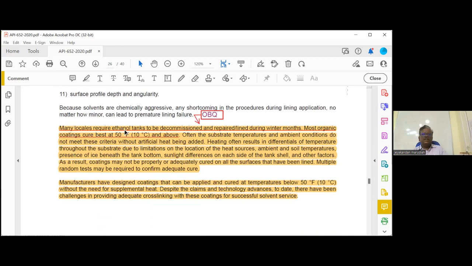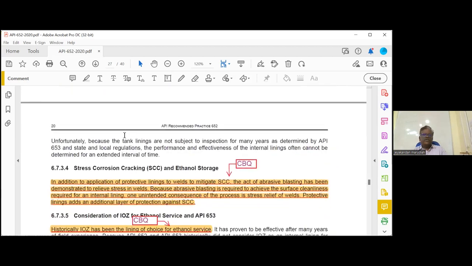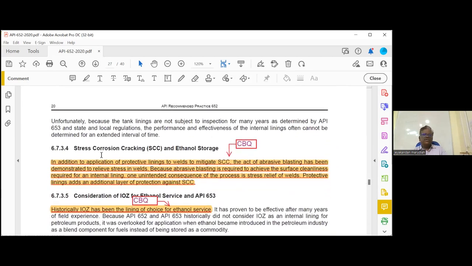Many locales require ethanol tanks to be decommissioned and repaired or lined during winter months. Most organic coatings cure best at 50 degrees Fahrenheit and above, so curing should be carried out at 50 degrees and above. Then stress corrosion cracking in ethanol storage. In addition to application of protective lining to welds to mitigate SCC, the act of abrasive blasting has been demonstrated to relieve stress. Because abrasive blasting is required to achieve the surface cleanliness required for the internal lining, one unintended consequence of the process is stress relief of the weld.